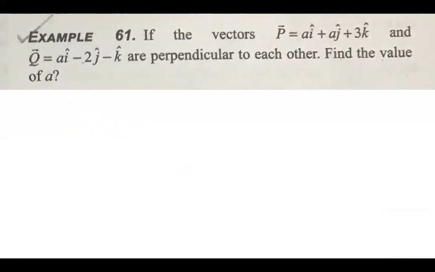Now, you have this vector P and Q, and they are perpendicular to each other. When they are perpendicular, the dot product is equal to 0. We have just studied that the dot product of two perpendicular vectors is equal to 0.